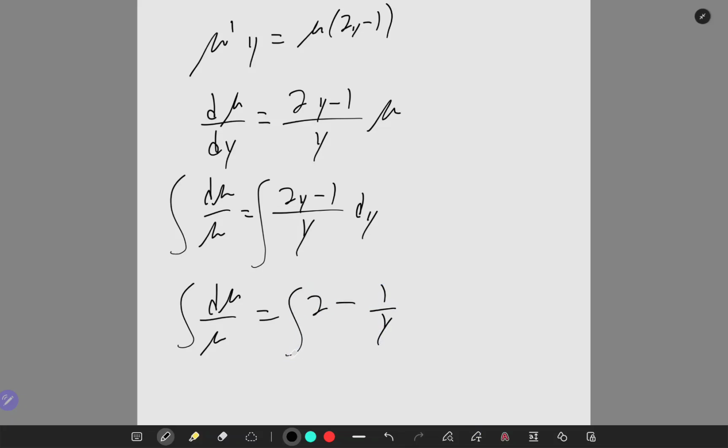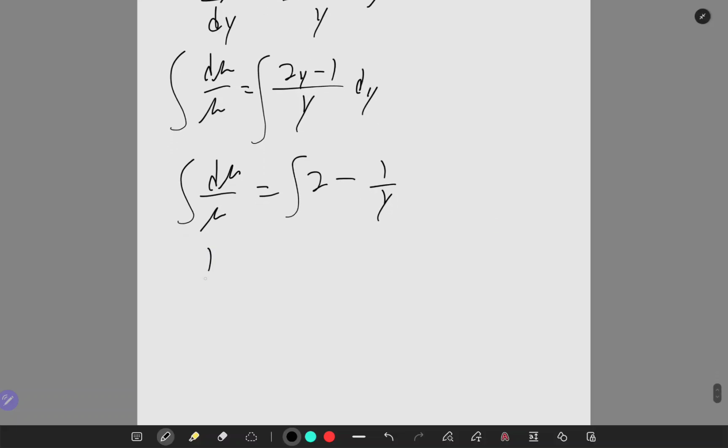So the natural log of mu is equal to 2y minus, let me think, y to the negative 1, take the integral of that. That becomes plus y to the negative 2. That's not how that works. Now I'm forgetting how to integrate. It's getting late for me here.